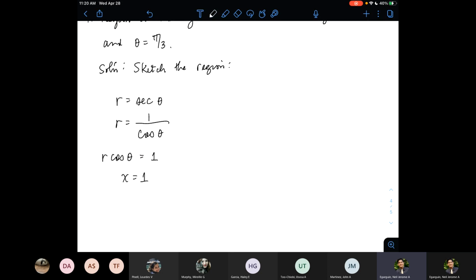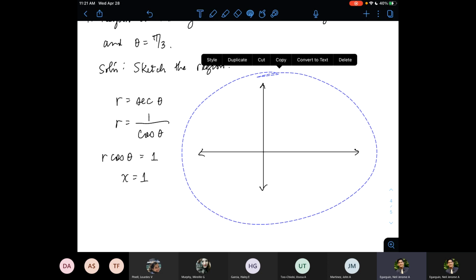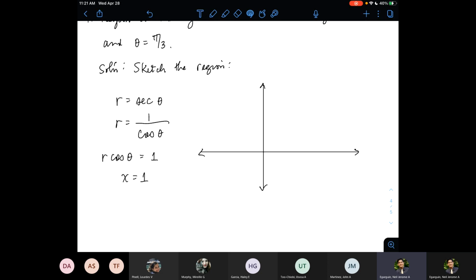Mind you, recall that the graphs of a polar equation and its rectangular equivalent are essentially the same, be it you plot it on the rectangular or on the polar plane. So if I will draw the graph here. Okay. Let me just copy this so I don't have to draw the axis over and over again.